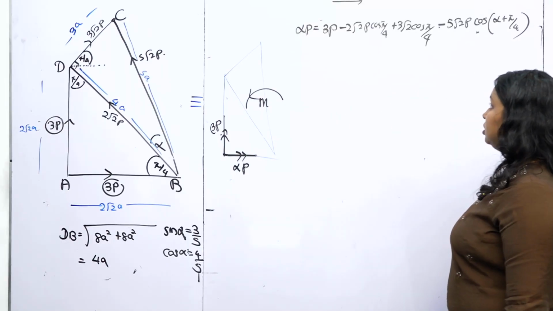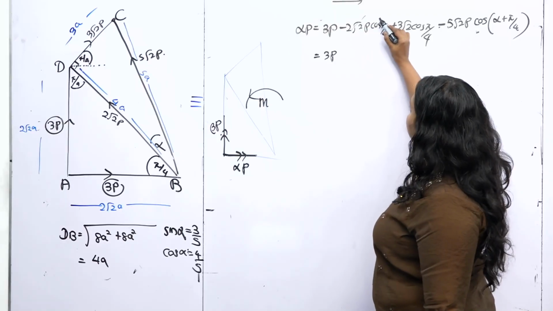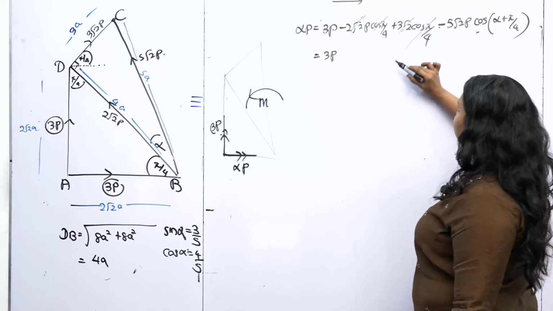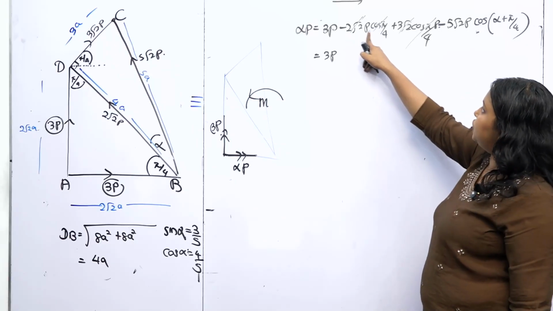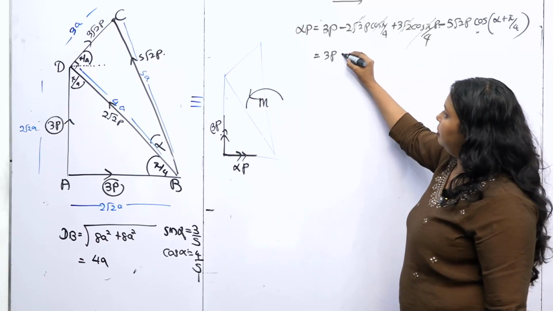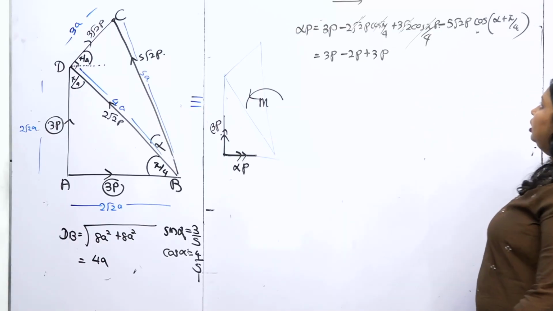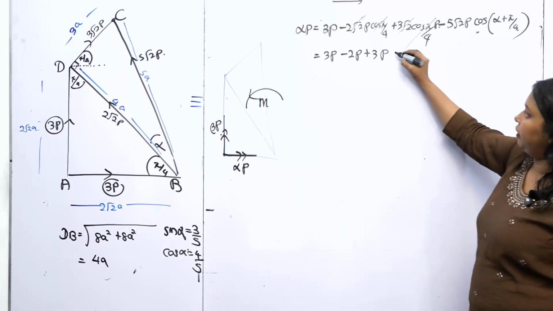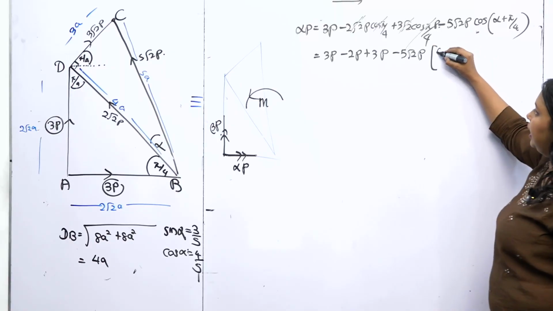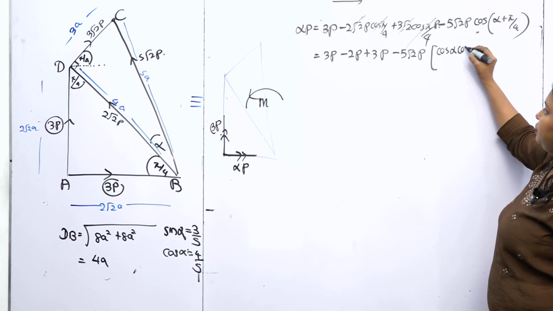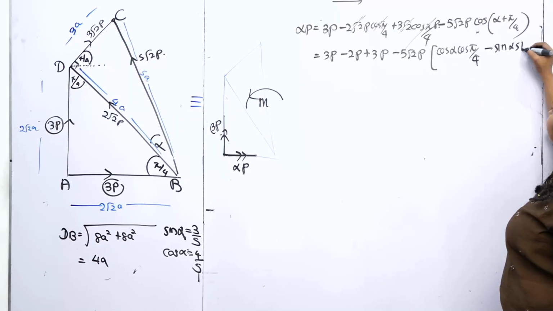Use the equation, that's all. See, the 3p, this root 2 cos 5 by 4 and root 2 cos 5 by 4 will get cancelled here. We have p also, so we have minus 2p plus 3p. And this one we can write as minus 5 root 2p with cos alpha cos 5 by 4 minus sin alpha sin 5 by 4.